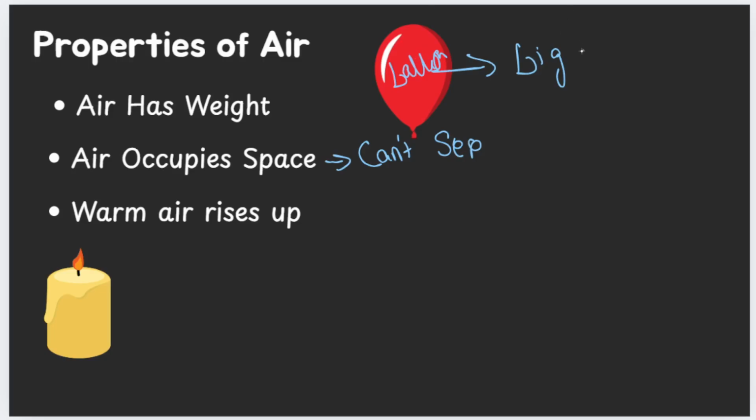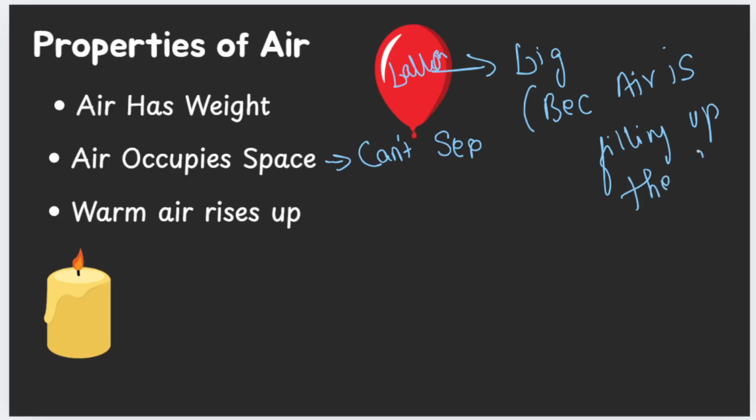Because air is filling up the space in the balloon. That's why the balloon occupies space. Why does the balloon occupy space? Because of air, the balloon occupies all the space.